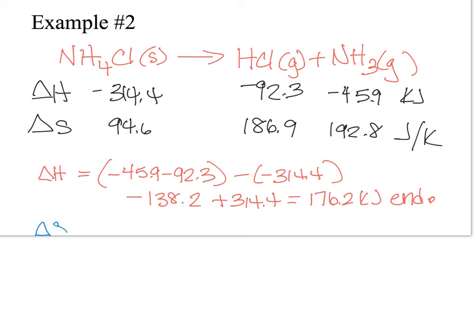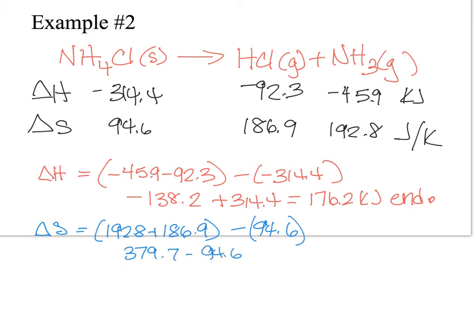Delta S is equal to 192.8 plus 186.9 minus 94.6. So that's 379.7 minus 94.6 equals 285.1 joules per Kelvin, or 0.2851 kilojoules per Kelvin.